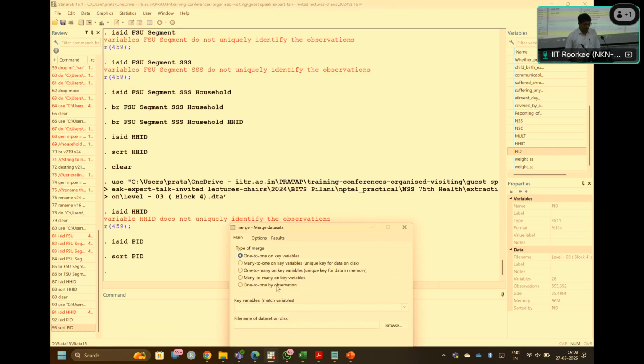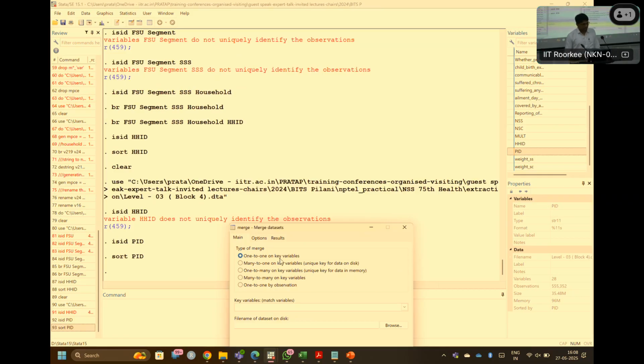So the last two are not suggested. There are possibilities of errors. So one to one, if both the files are of the same nature, like if they both are individual files or both are household level files.